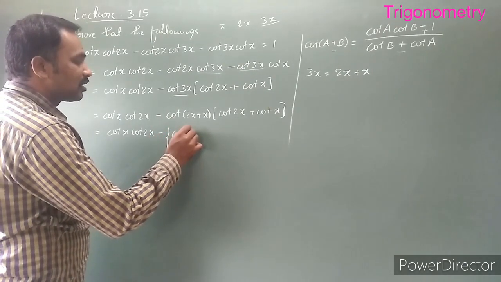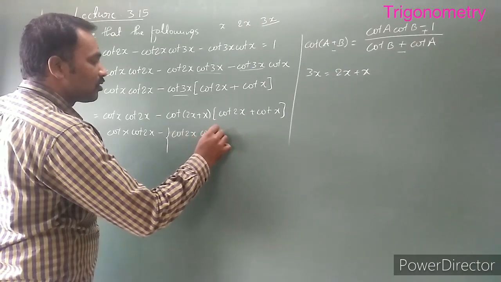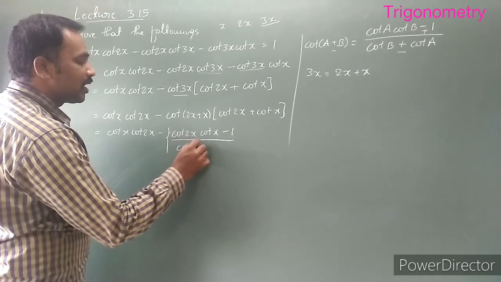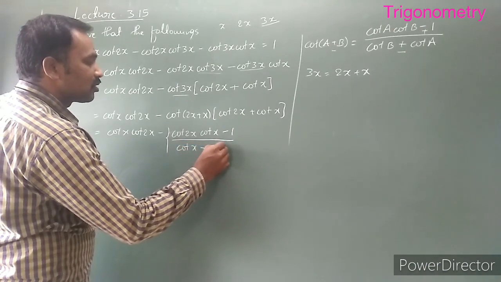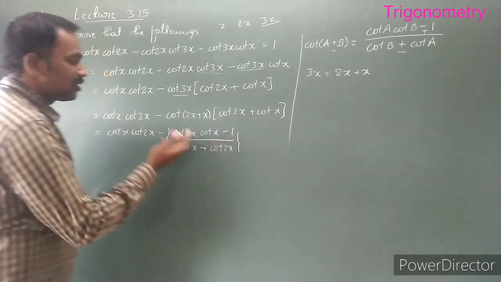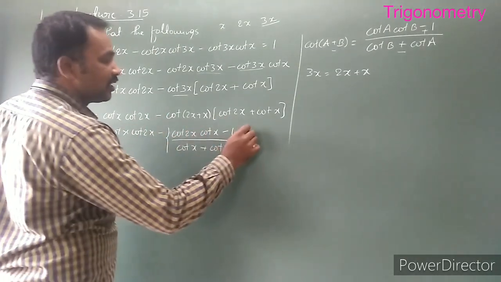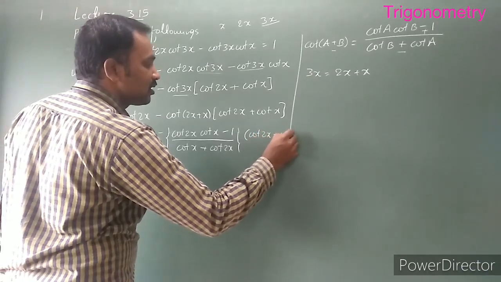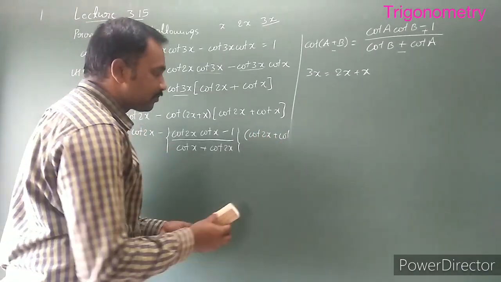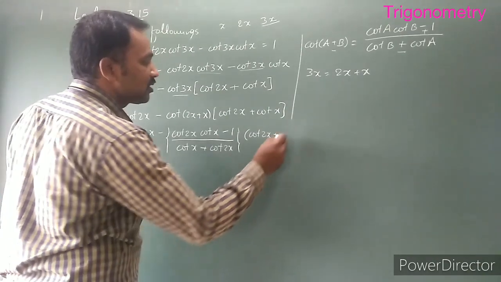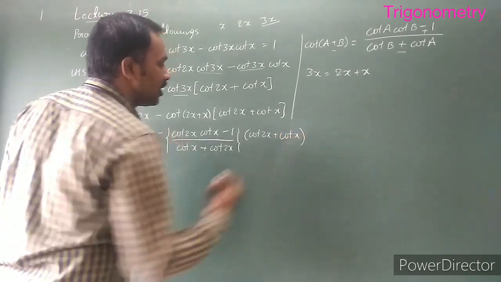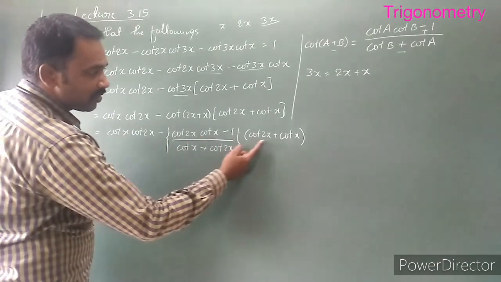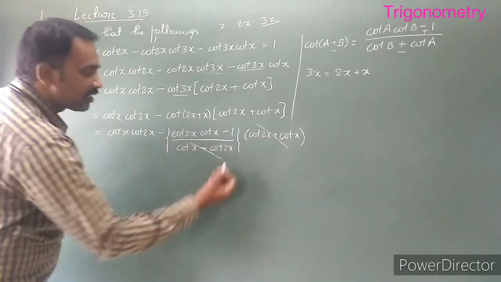What do we get? The first term, then minus cot of x into cot of 2x minus 1, divided by cot x plus cot 2x, into cot 2x plus cot x which is left. Observe that here cot x plus cot 2x and cot x plus cot 2x get cancelled.